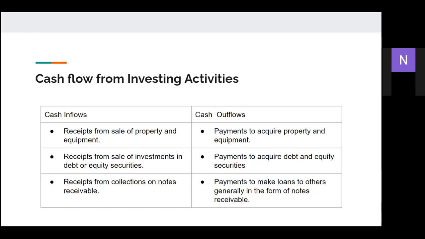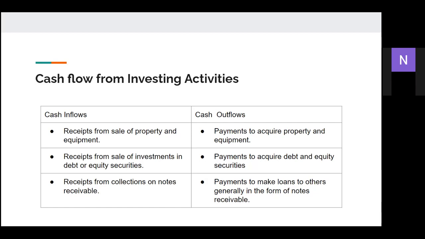Kasi di ba kapag examination period na, kapag hindi nakabayad ang student, mag-a-ano siya ng promissory note sa registrar. So yung promissory note na yun, parang promise mo yun na eto next month magbabayad ako. Ganon. So yun na yung receipts from collections on notes receivable and sa outflows, payments to make loans to others, generally in the form of notes receivable.